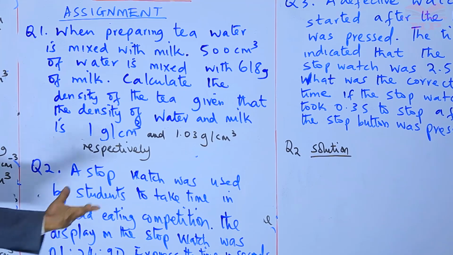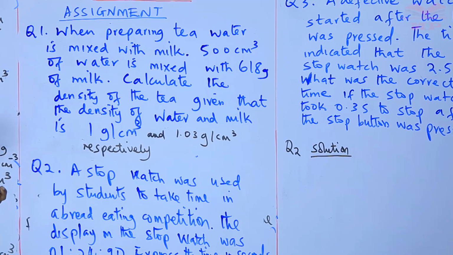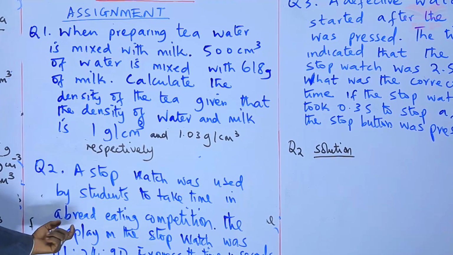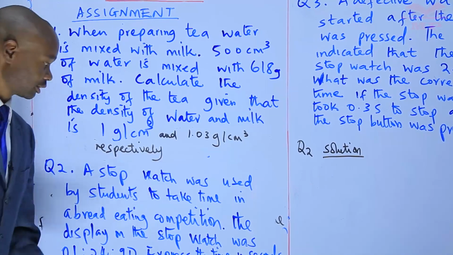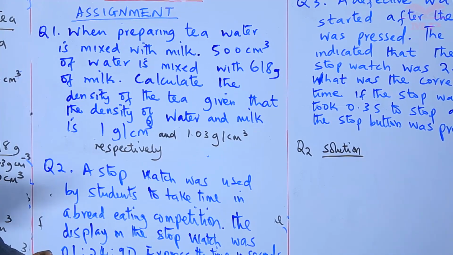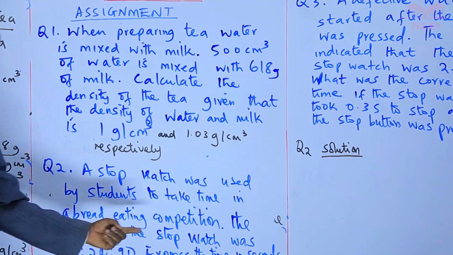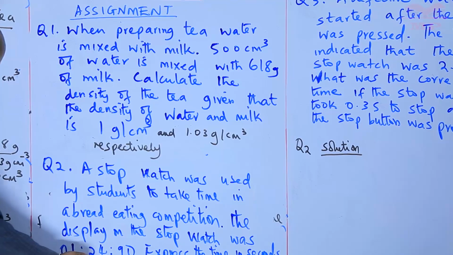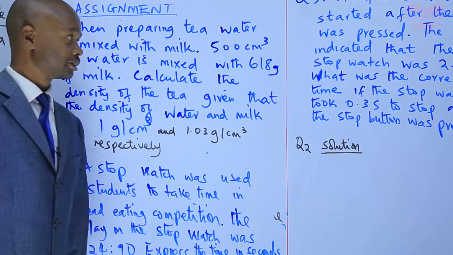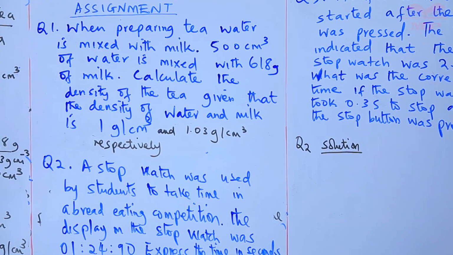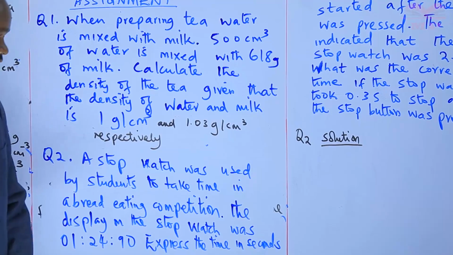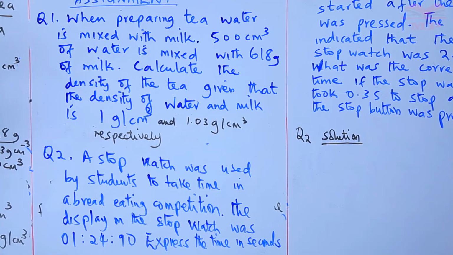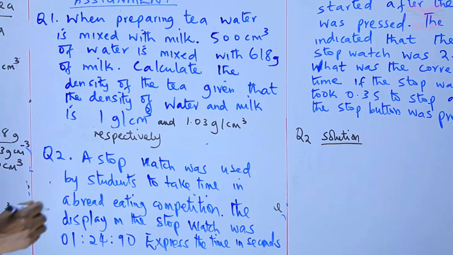A stopwatch, I think you've heard of a stopwatch, is used by students to take the time in a bread eating competition. The display on the stopwatch is 01.24.90. Express the time in seconds.